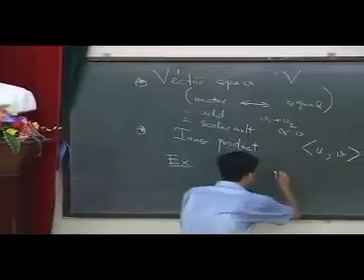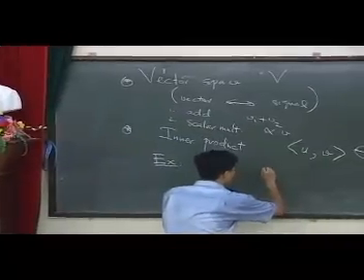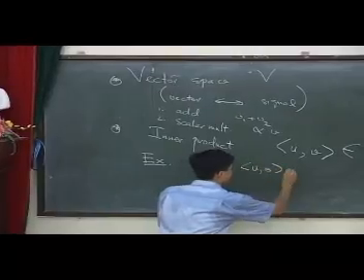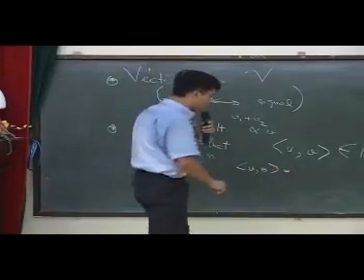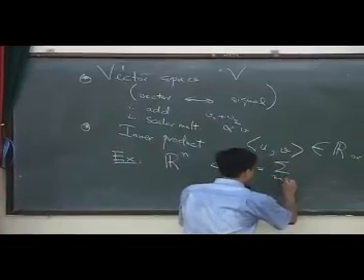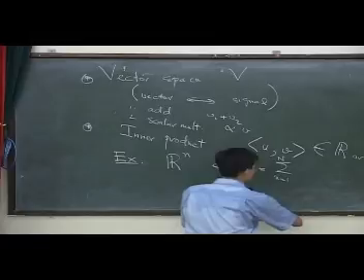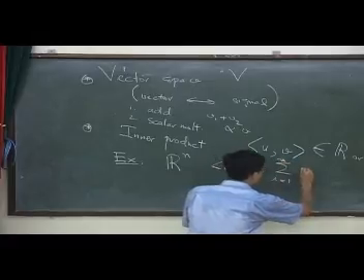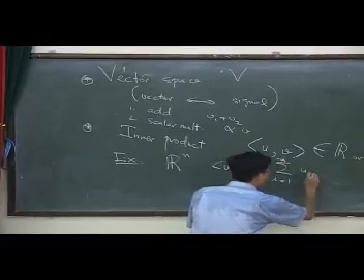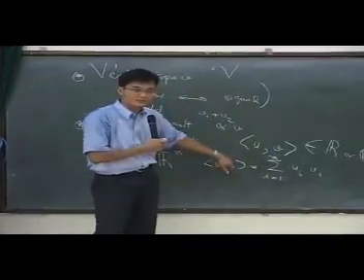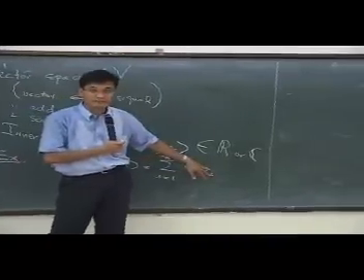So U times V here can be defined as the summation, with index i going from 1 to n, of U_i V_i. Okay. So I take two vectors and I take the inner product.